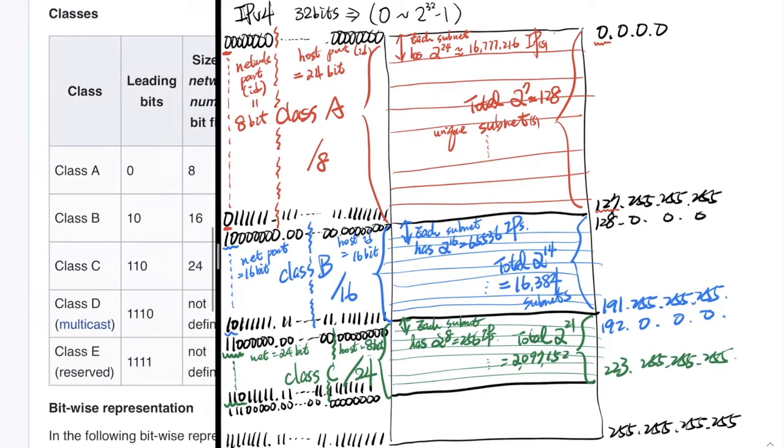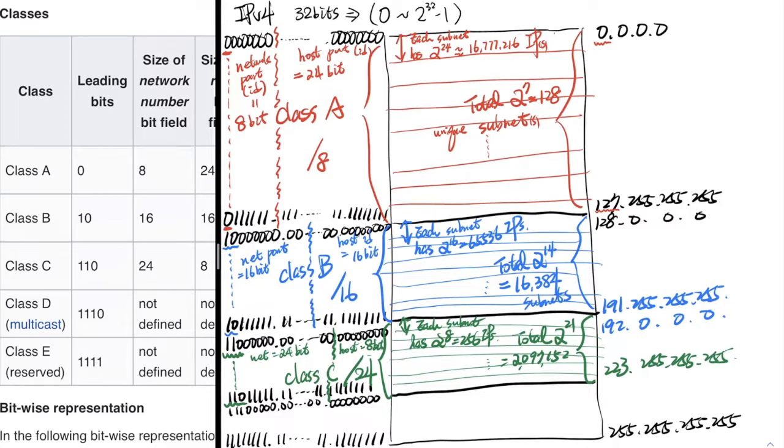So that's it. Class D and E are not actually used in the real world, so we only introduce classes A, B and C, and that is how we divide the entire IP spectrum into different classes A, B, and C.